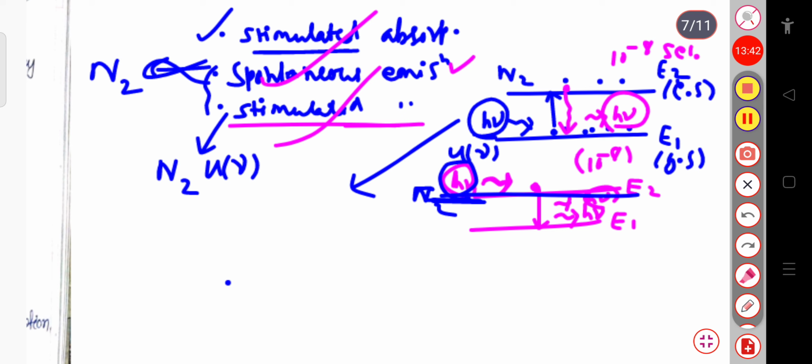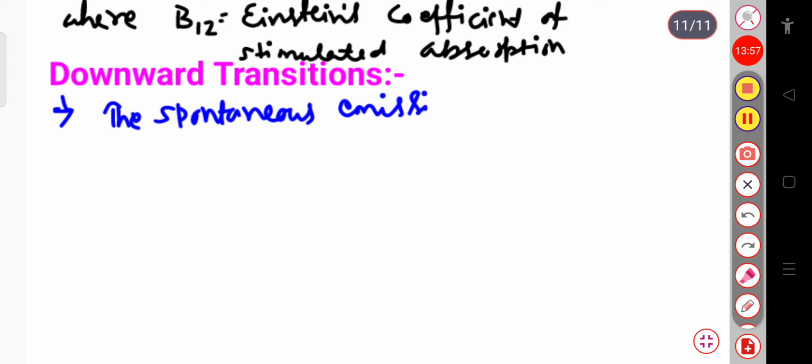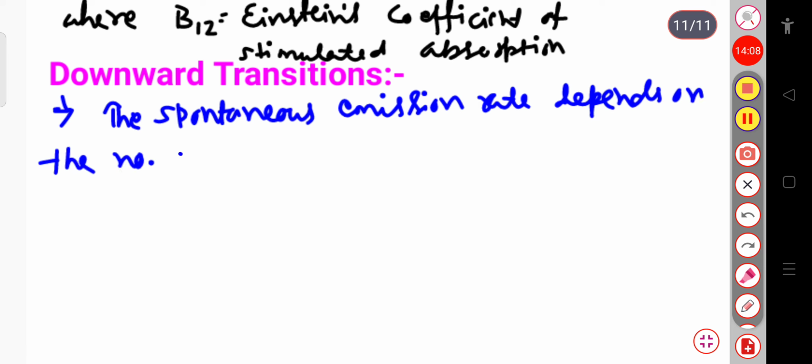Okay. So in the first case, in the downward transition, the first one is the spontaneous emission rate. The spontaneous emission rate depends on the number of atoms present in the excited state.